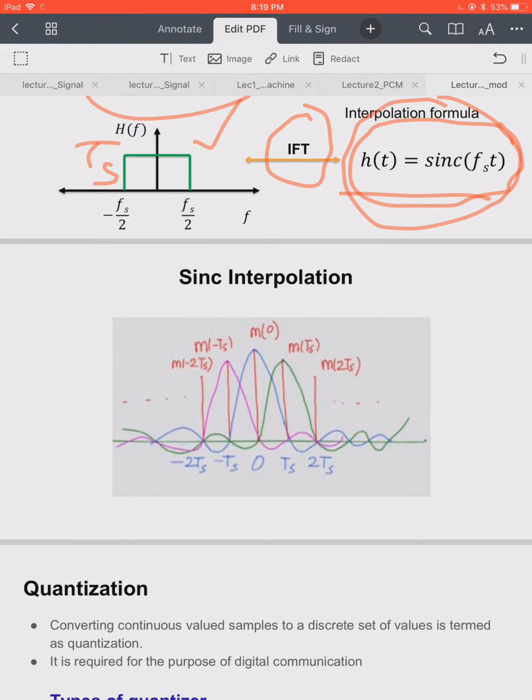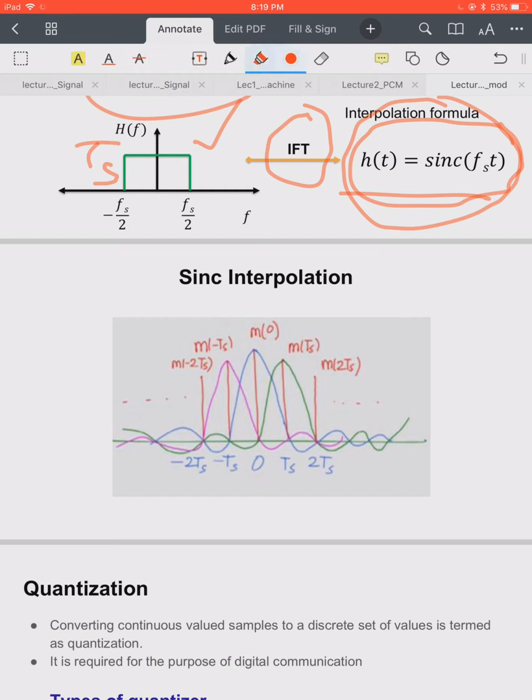You are taking each sinc function, shifting it to n times Ts and scaling it by the value of the sample at that instant, and then summing up all the shifted and scaled sinc copies, right?